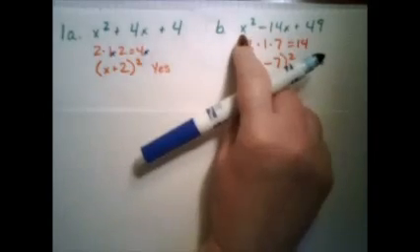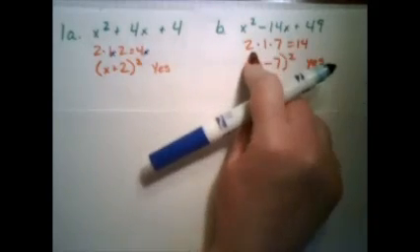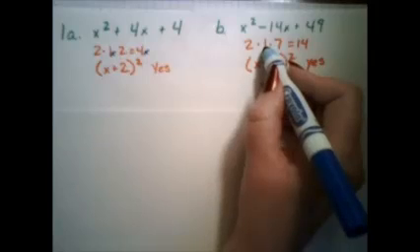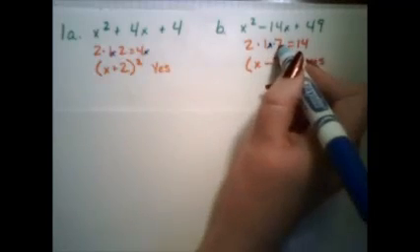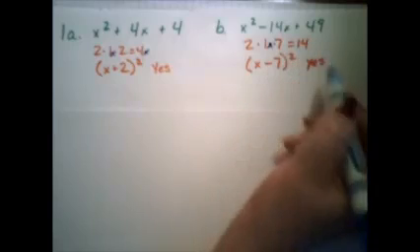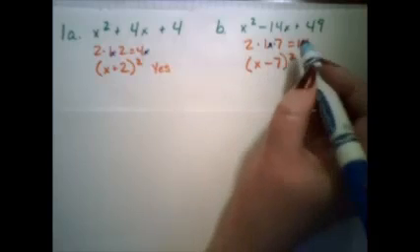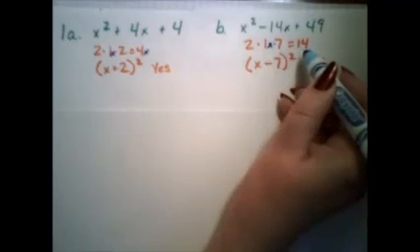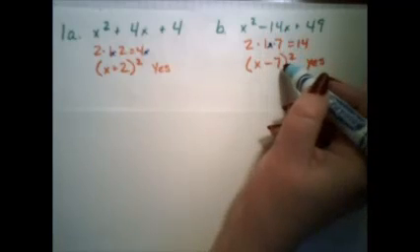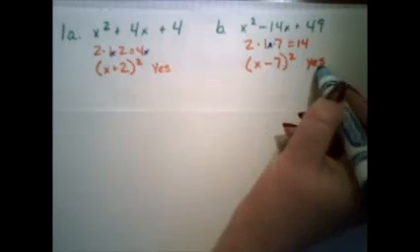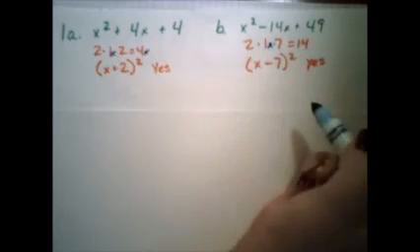Here we have 2 times 1x times 7 equals 14. And because this is a negative number, they're going to equal negative 14. So this answer is yes because of that.